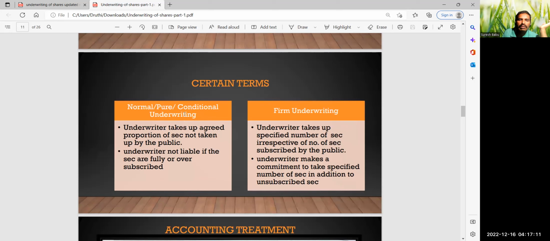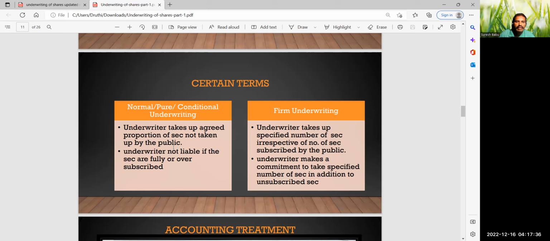Normal, pure or conditional underwriting takes up an agreed proportion of securities not taken by the public. It means under the first type, that is pure, if the shares are not subscribed by the public, only then underwriters have to buy such a number of shares which they have promised to the company to sell to the public.